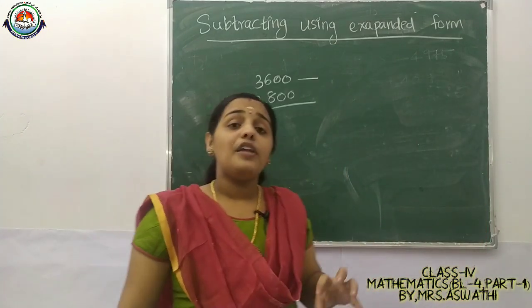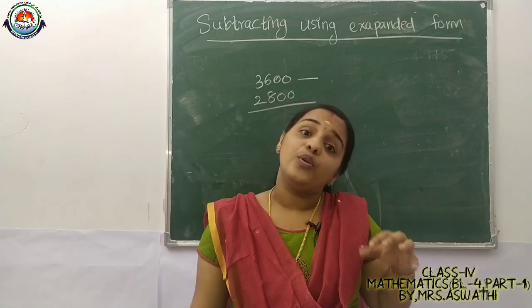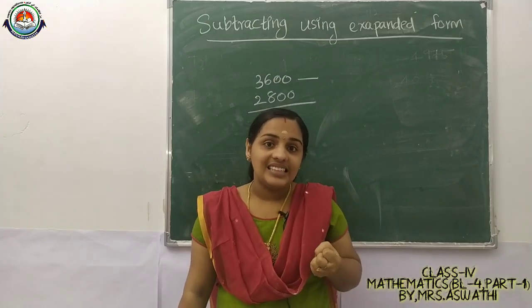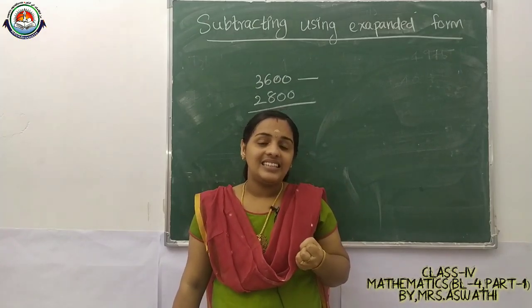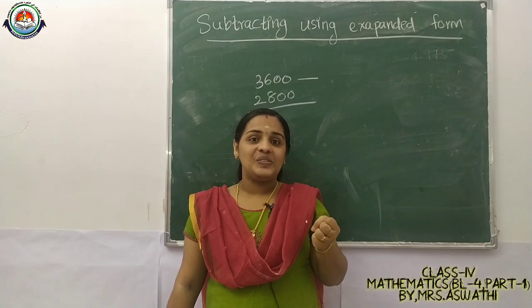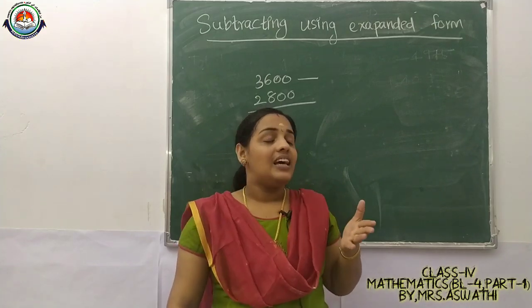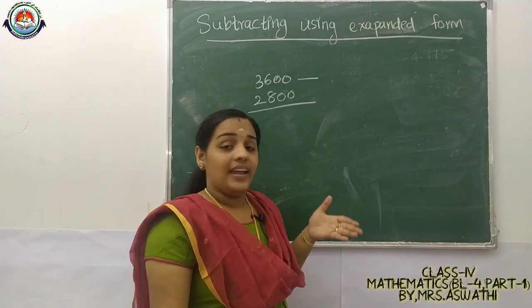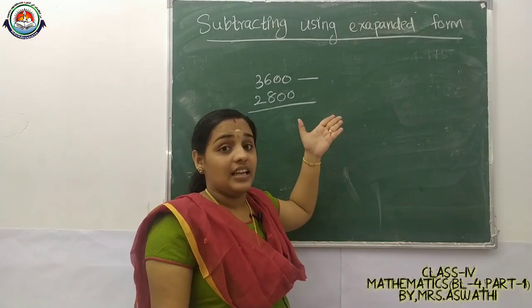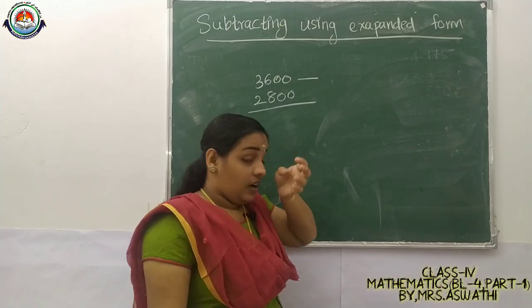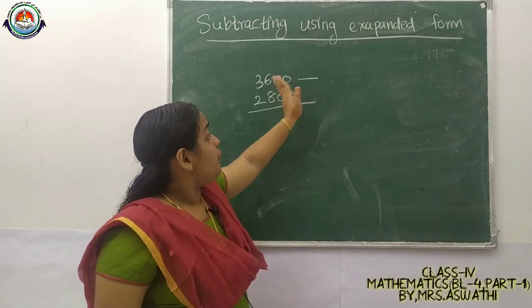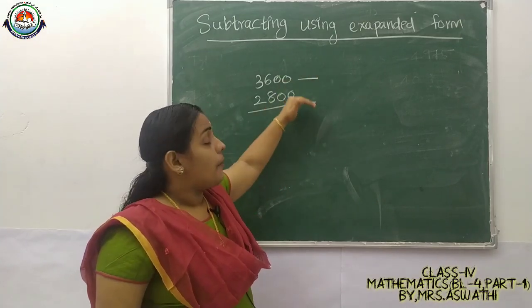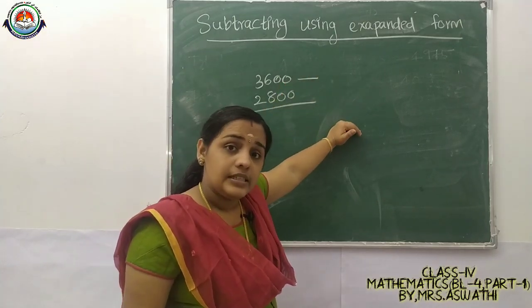Okay. How can we find this answer quickly? Can you get the answer? Yes. Now you listen here. I will explain how you can get this easily. Here both numbers end with zeros.